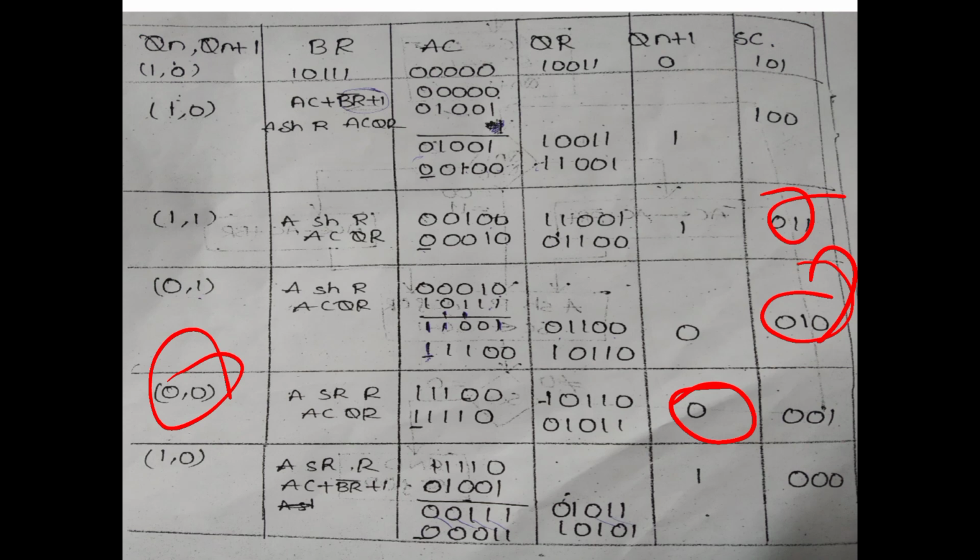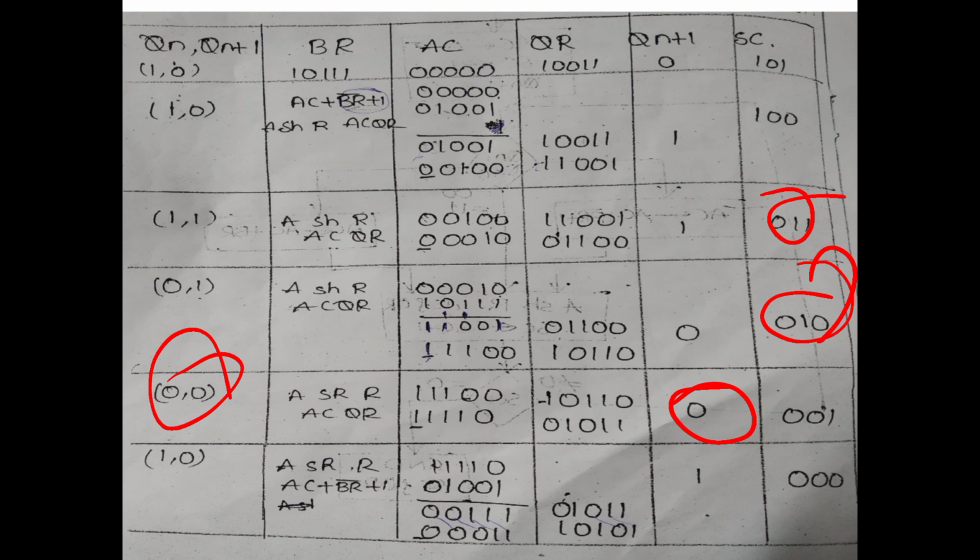Okay, all of you, right? So here, after performing AC plus BR bar plus 1, we perform the arithmetic shift right operation for AC and QR.